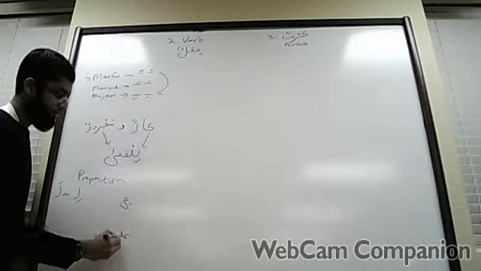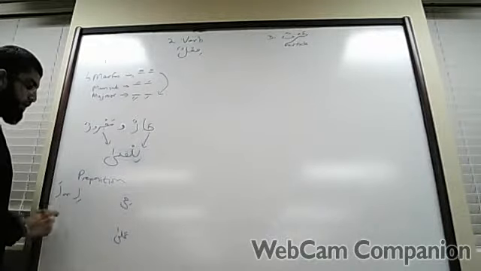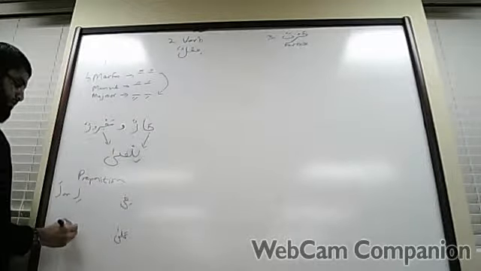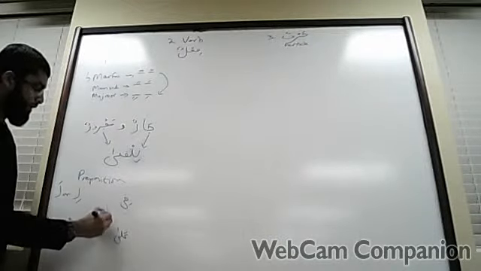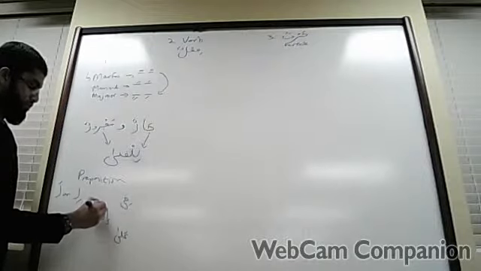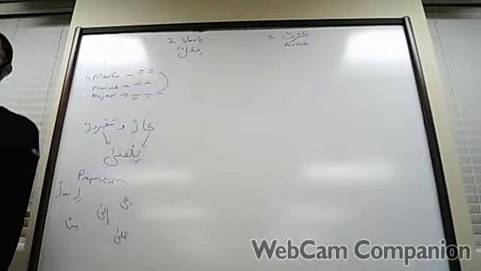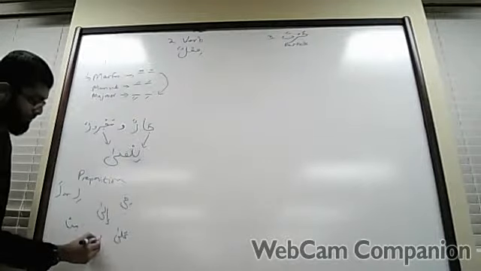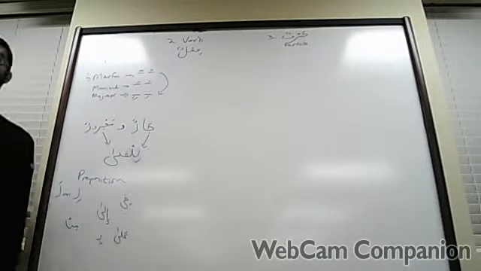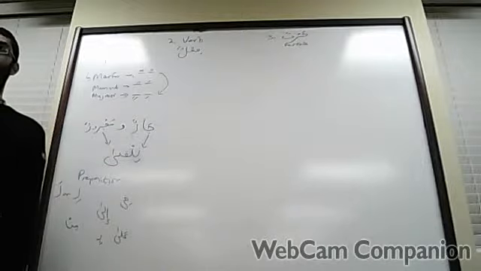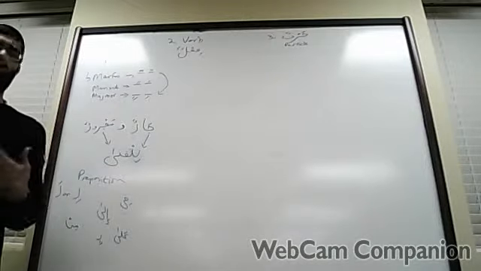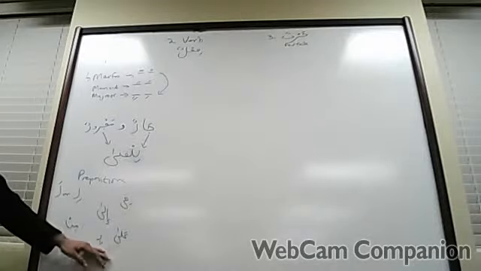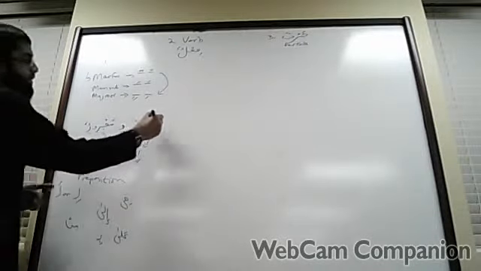Ala means on, and then min means from, and then ila means to. What else did we say? B, right? B means in, with, from.